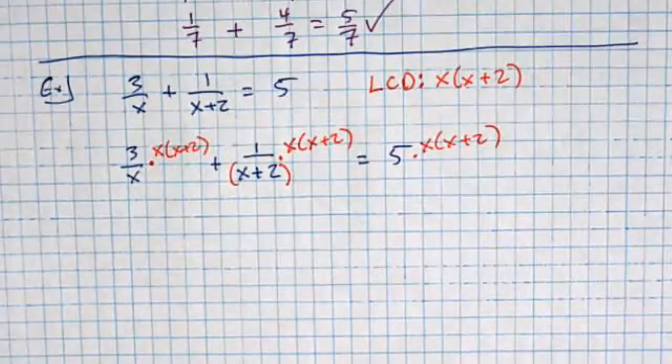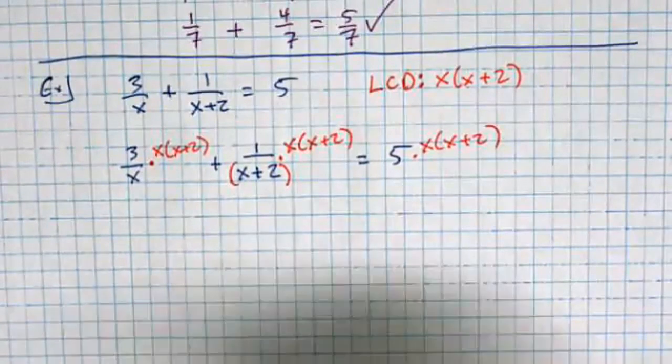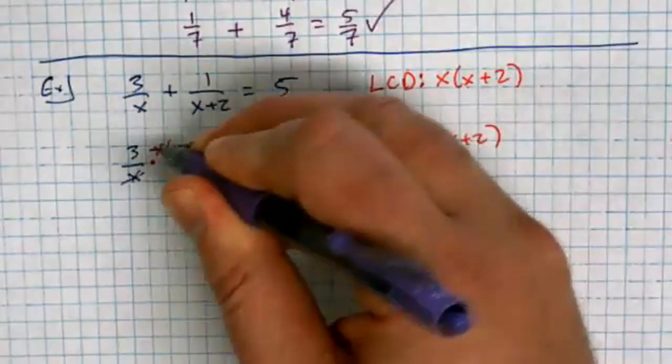And we're fraction busting here, so we should end up canceling all of our denominators. Is that going to happen? Like here, I got an x and an x that are going to cancel, so those are gone.